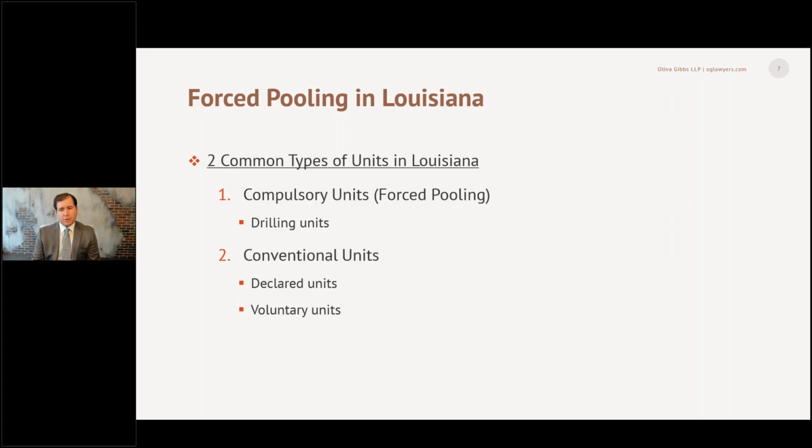So you're going to need an agreement between all of the mineral, royalty, overriding royalty, and working interest owners, and there's even an argument that you may need the agreement of all the surface owners in those units as well, even if they're burdened by mineral servitudes, to form a voluntary unit. Again, the main topic we're going to be discussing today is forced pooling, so we won't be touching on those conventional units, but I just wanted to mention that those also exist in Louisiana.